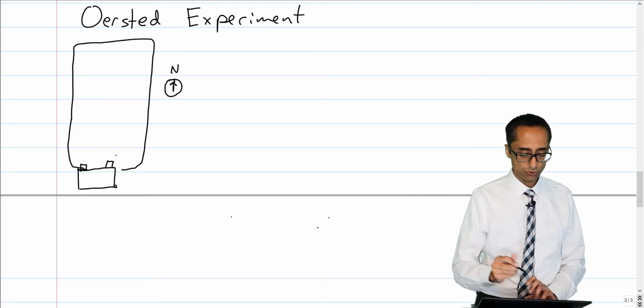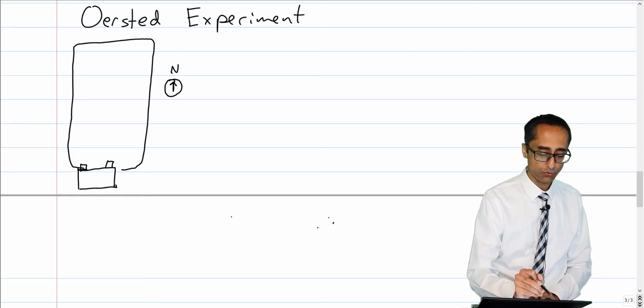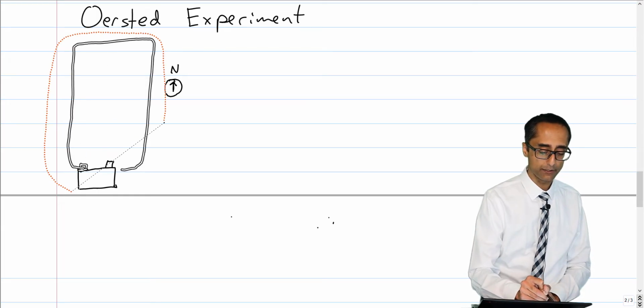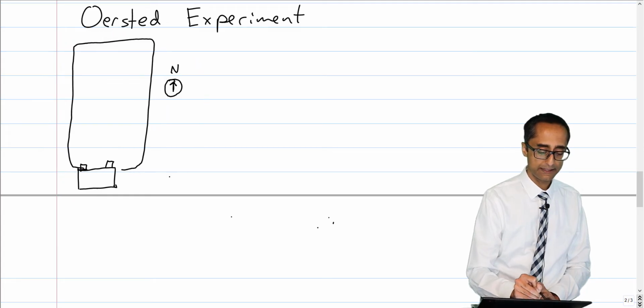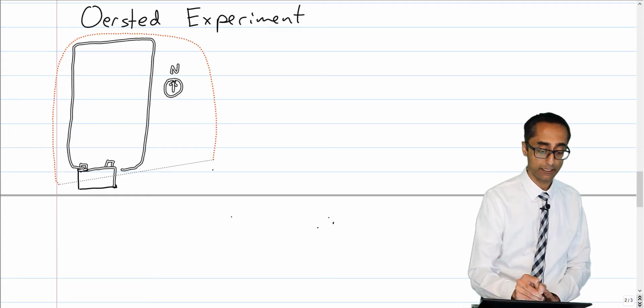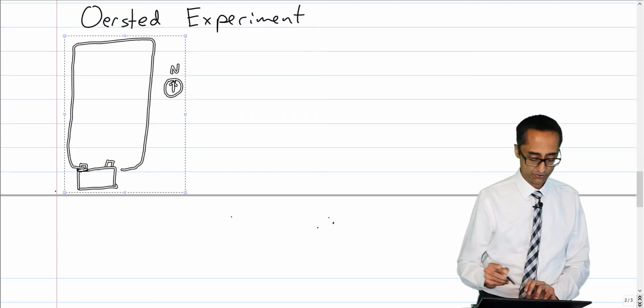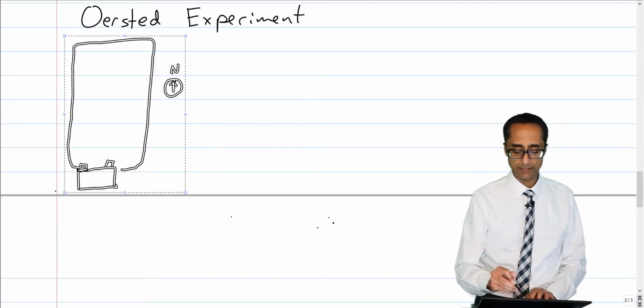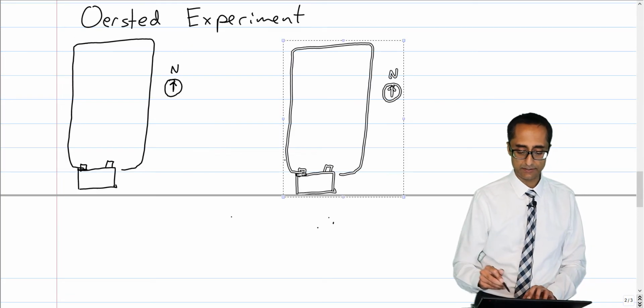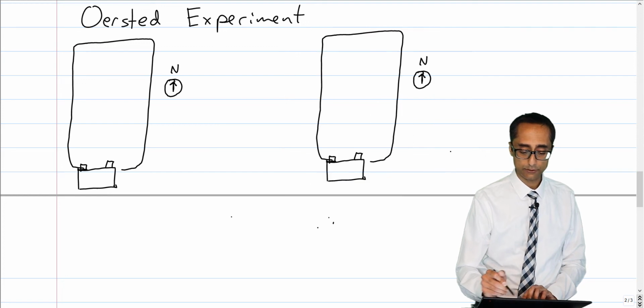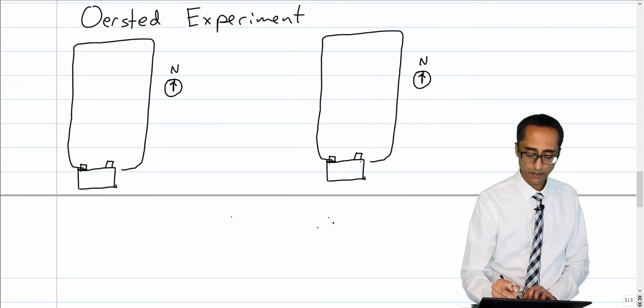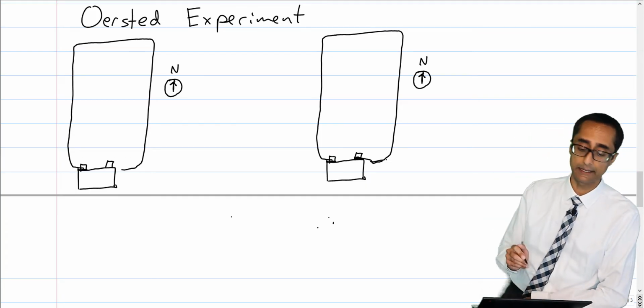But something very interesting happened as soon as Ørsted ended up connecting the wire and closing the circuit. Well, once Ørsted closes the circuit, what you end up having is a flow of electrons. And so charges begin to flow once we close it like that.